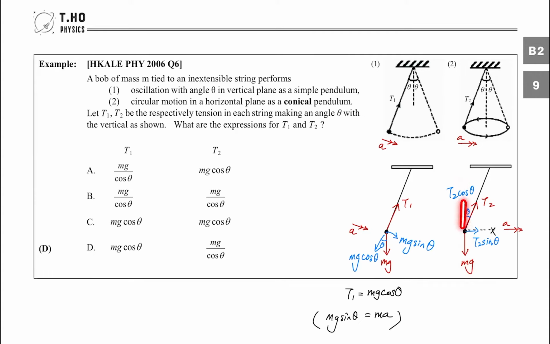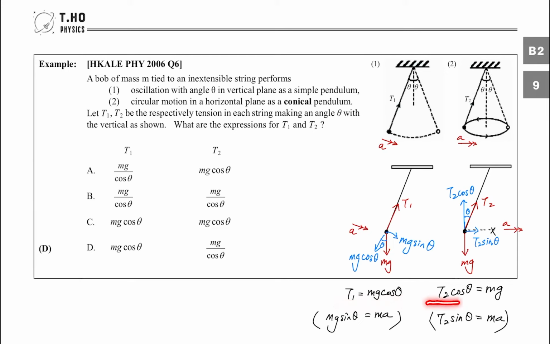And on the right hand side, this horizontal circular motion, we can consider the vertical line. Okay, we have an upward T2 cosine theta, we have a downward mg. Also, we have a horizontal T2 sine theta, which will give rise to acceleration. So we can write down T2 cosine theta equals mg. Of course, you can also write down T2 sine theta equals ma, which is not useful in this question.